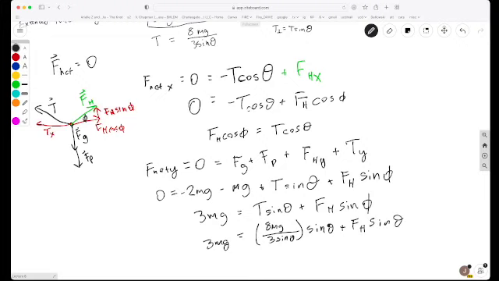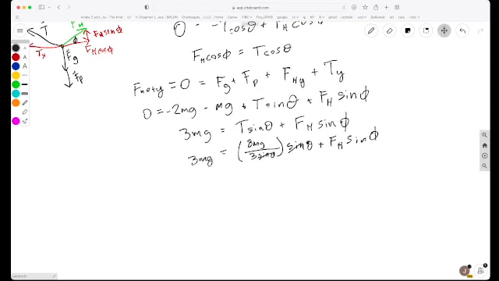Here, where I drew a theta, that should be a phi. So the sine thetas cancel, and we're just left with 8/3 mg. So 3mg equals 8/3 mg plus Fh sine phi.